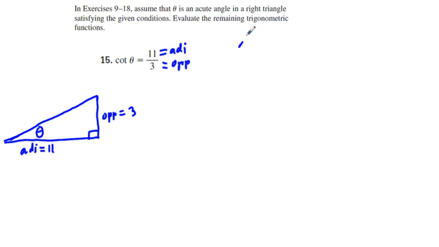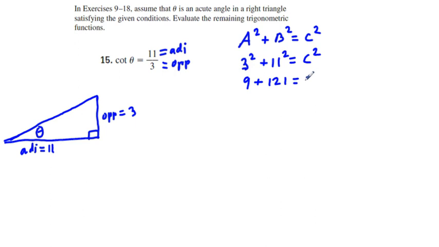Well, again, for this one, we have a squared plus b squared equals c squared. And for that, we have 3 squared, which is going to be a, plus b squared, that's going to be 11 squared, equals c squared. 3 squared is 9, 11 squared is 121, equals c squared.